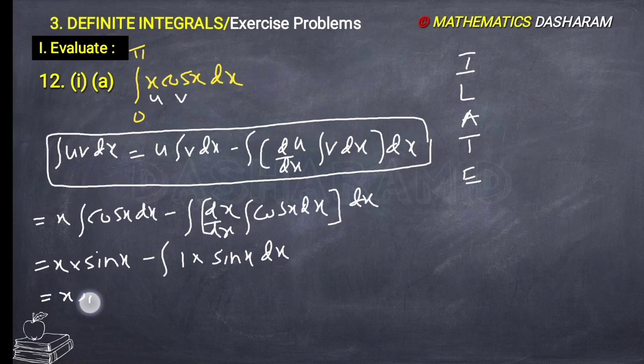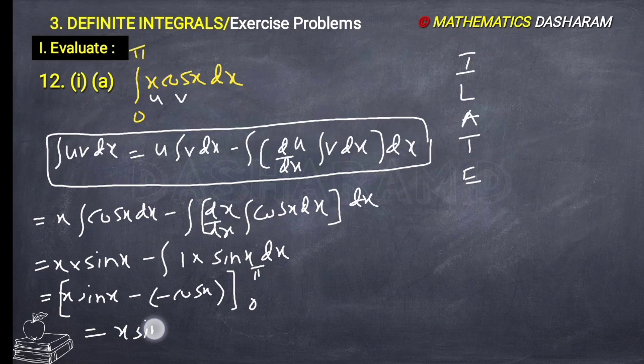So x sin x minus integration of sin x is minus cos x, and apply the limits as it is, 0 to pi. Now it is equal to x sin x minus of minus, plus cos x, 0 to pi.